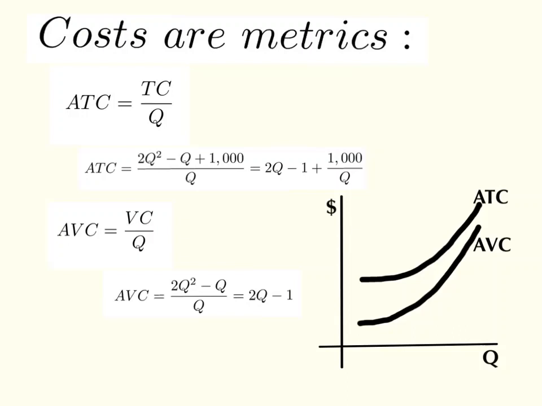Now, average total cost is a very important cost metric that nearly every company knows very well and uses in their decision-making process. But what we'll find out is that average total cost can be a bit of a mirage in a sense in terms of business decision making, in that it is a very important metric for us to understand, but ultimately it doesn't actually make a decision for us.